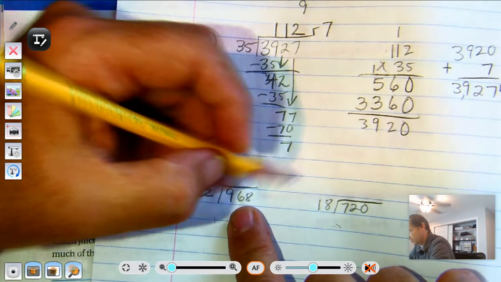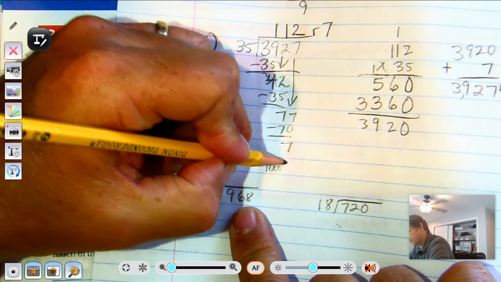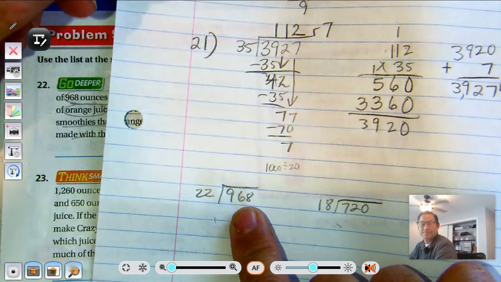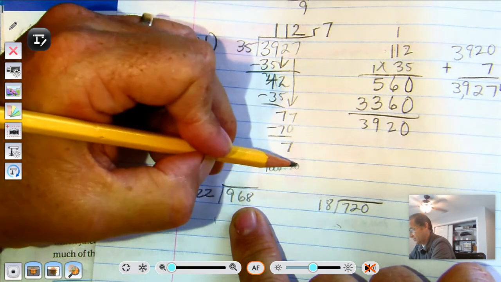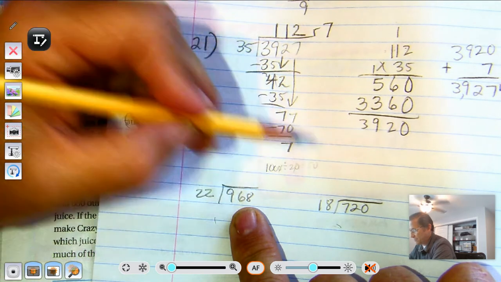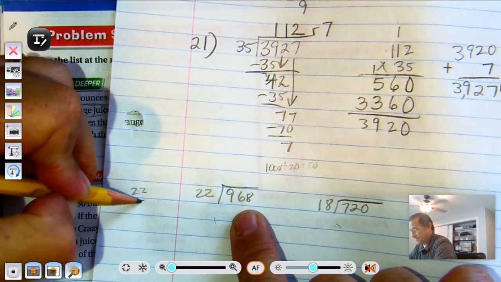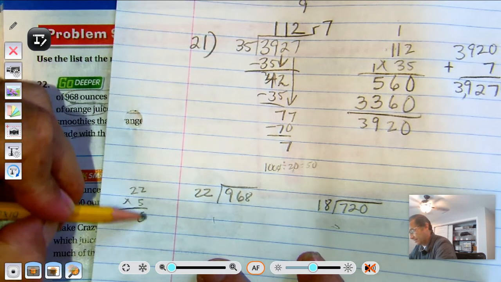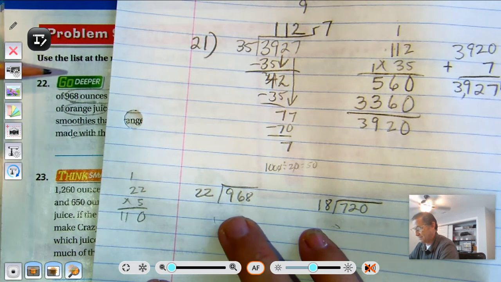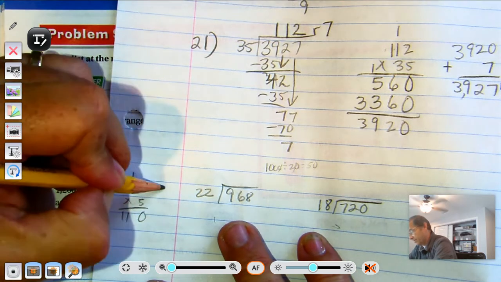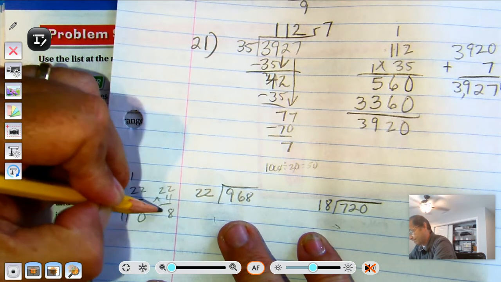All right, so I would have an estimate for the first one of 1,000 divided by 20. Cross off the end zeros. I would expect my answer to be about 50. 22 times 5. That's 110. That's too big, right? So let's try 4. 88.